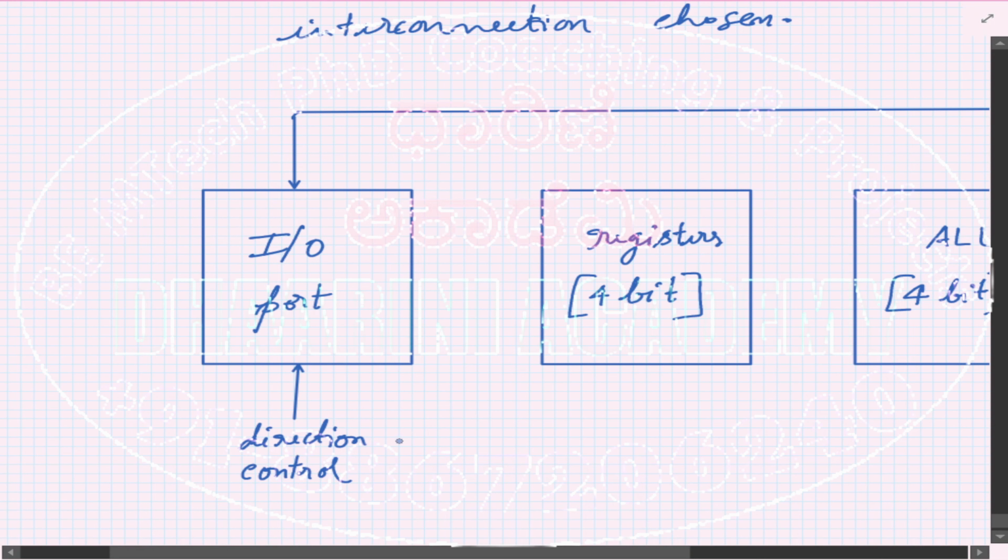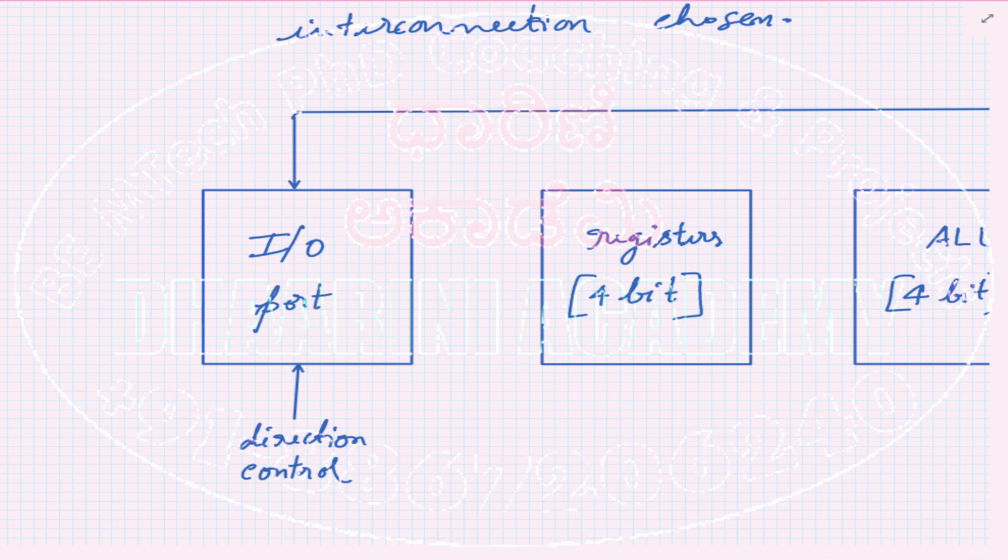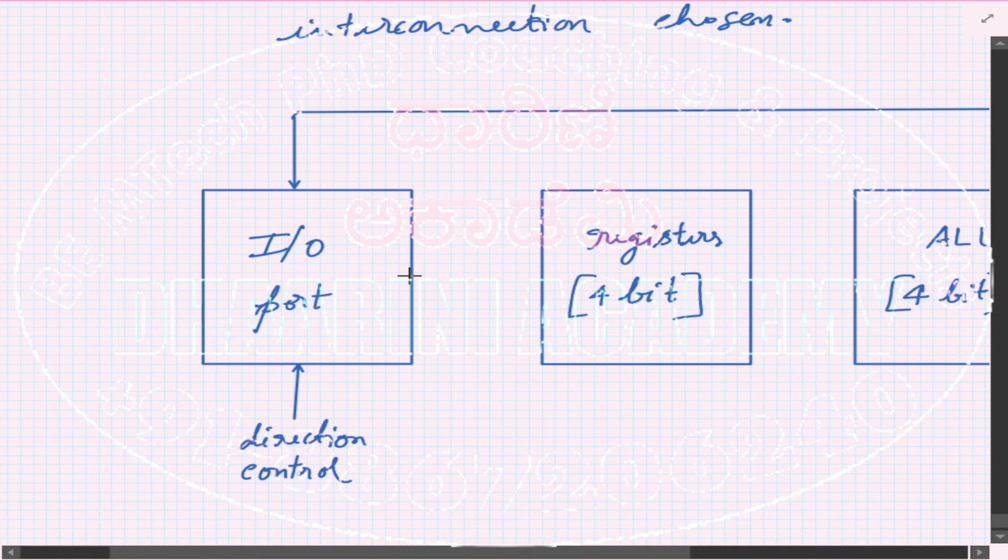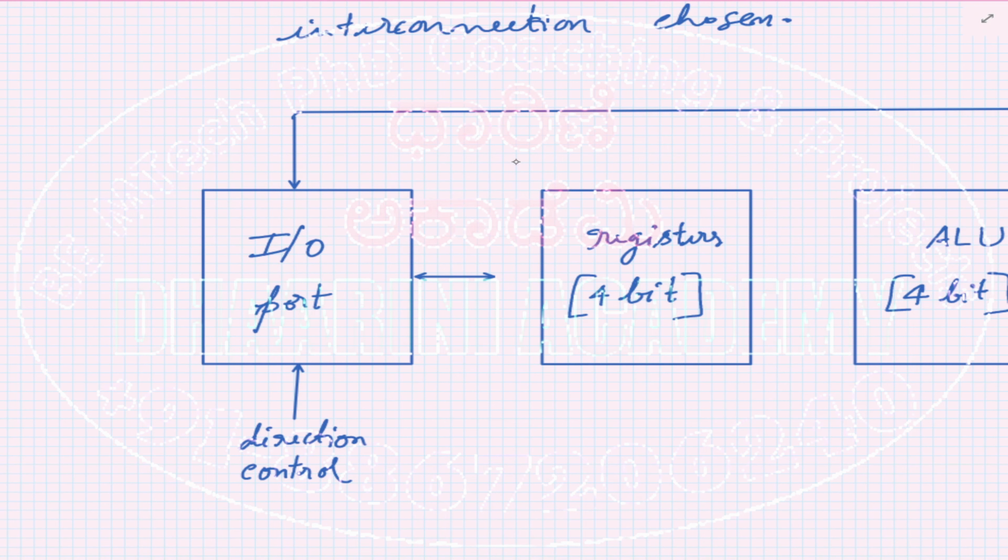Direction control is whether you are reading from an input device or whether you are giving the data out to an external device. So this IO port will send the data in or out of this.